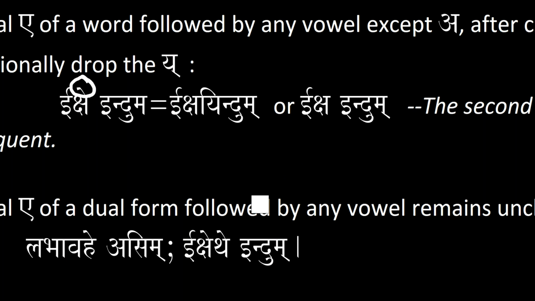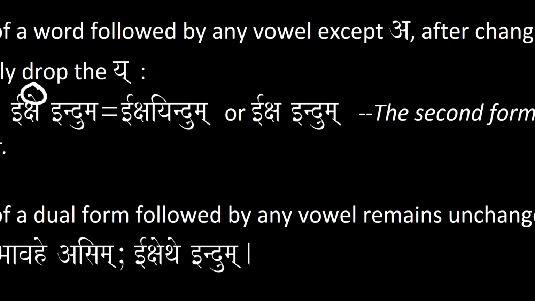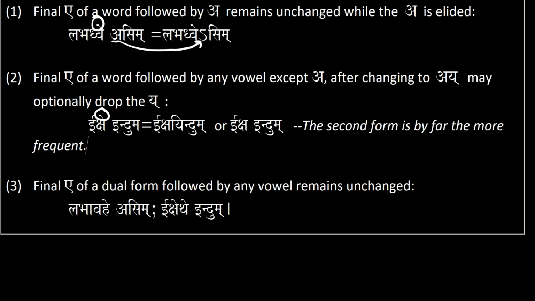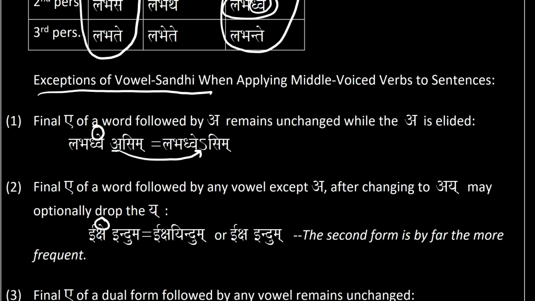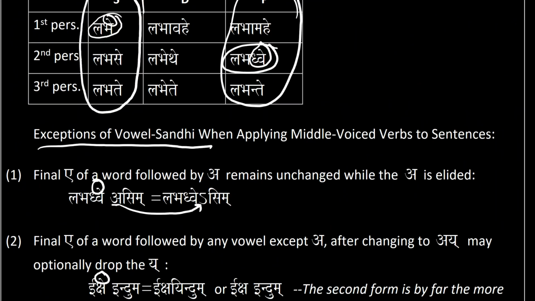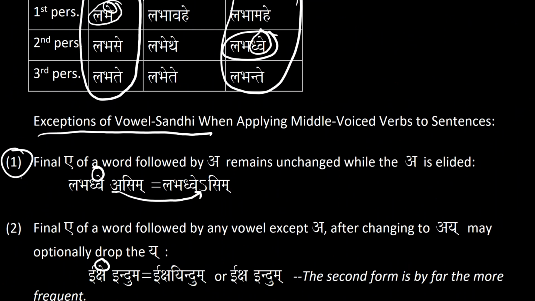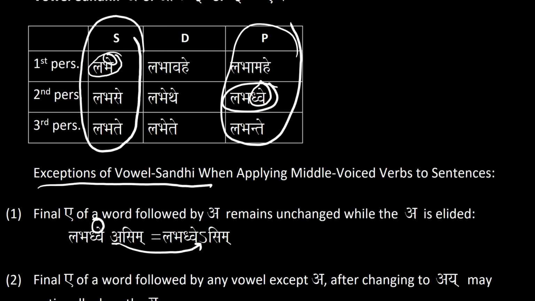So you end up with ikshayindum, and this form would by far be seen more frequently. So these two rules, rule number one and rule number two, are the regular sandhi that applies to the singular category and the plural category.